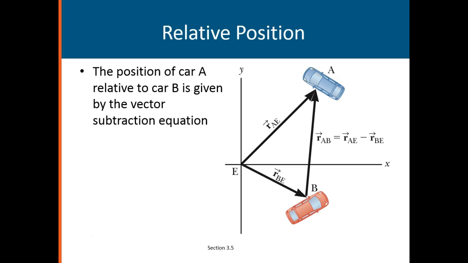And that would be this vector minus this vector, which would then be this, okay? A relative to B.